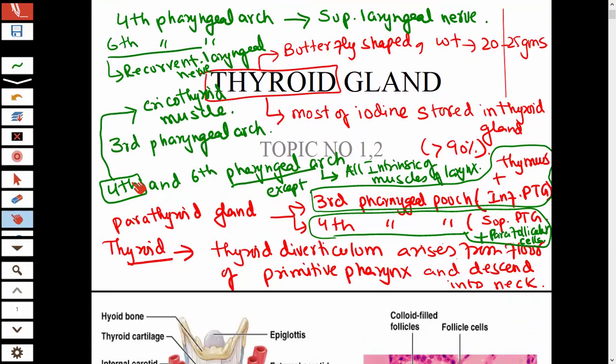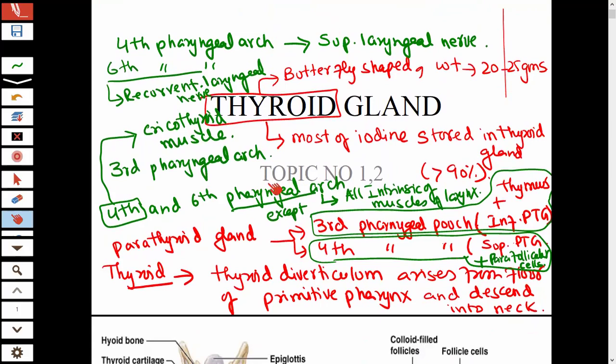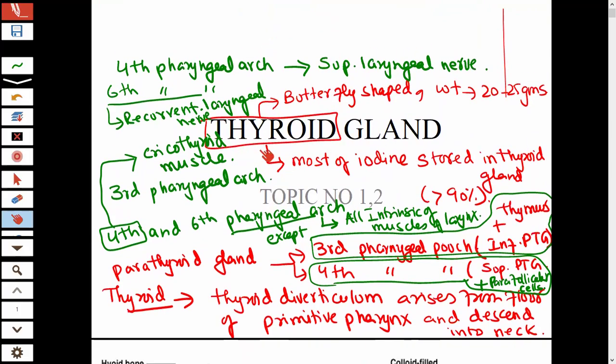The fourth pharyngeal arch and sixth pharyngeal arch are very important in relation to our thyroid gland topic today. And these MCQs can come from your embryological point of view. So what is the first point? Fourth pharyngeal arch muscle which is going to develop, answer is cricothyroid muscle.